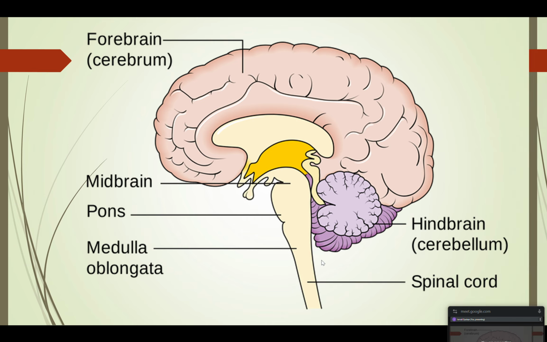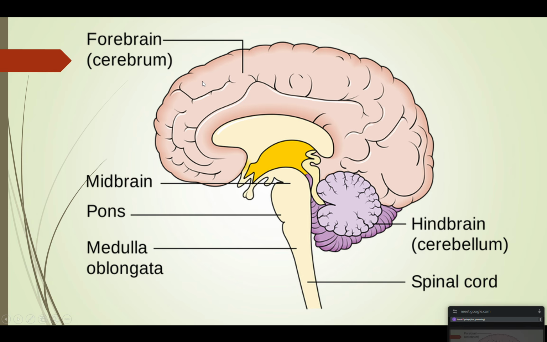So what I'm saying is, this is not the whole brain. This is a part of the brain that has already been cut through, and you are seeing a lateral half, one of the halves.